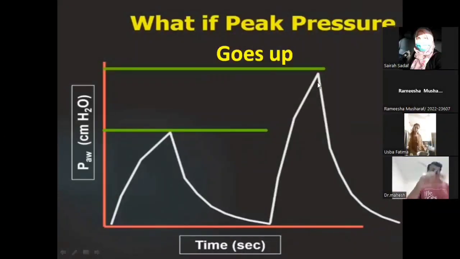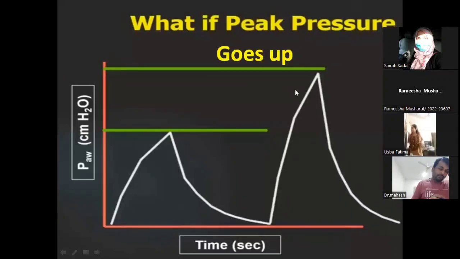Can you think that we have blown an extra amount of air into the lungs? Or you can say the ventilator is facing resistance and has to work hard against resistance to blow the air into the lungs. So can you say that?